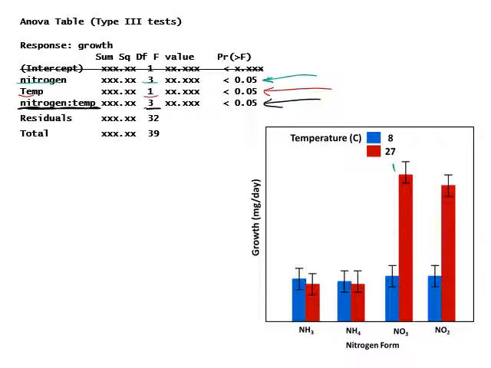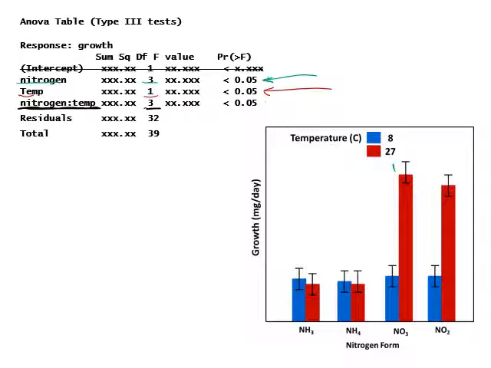As a little side note, when you reject the interaction effect in a two-way analysis of variance, it actually makes it kind of difficult to interpret the main effects. You can't really conclude that temperature has an effect on growth because temperature only has an effect on growth in certain nitrogen groups, right?